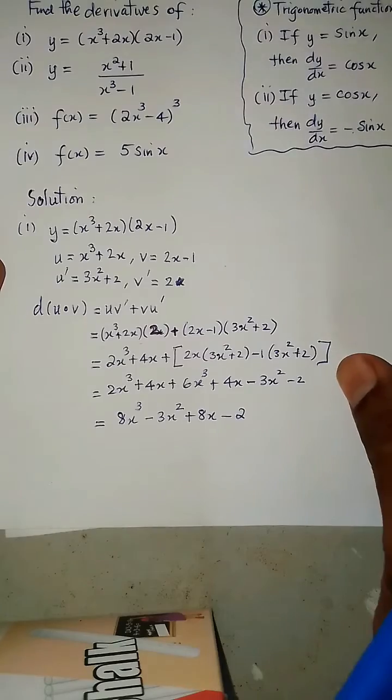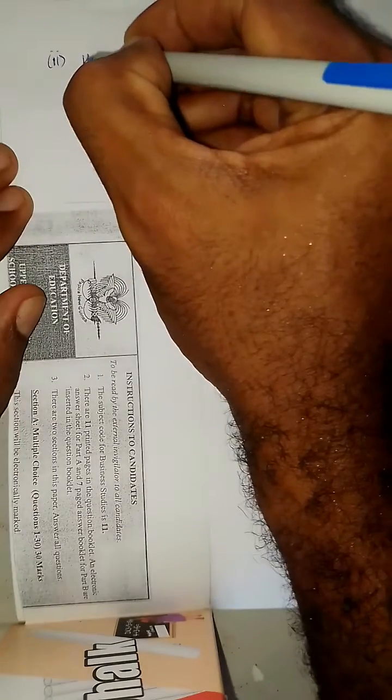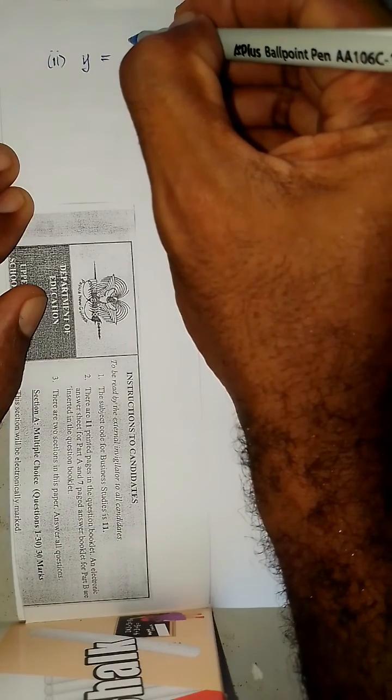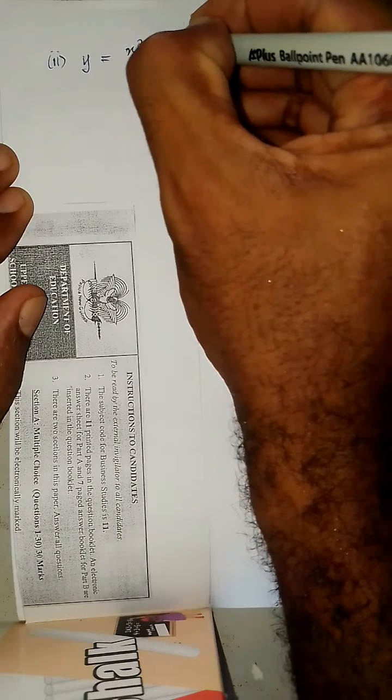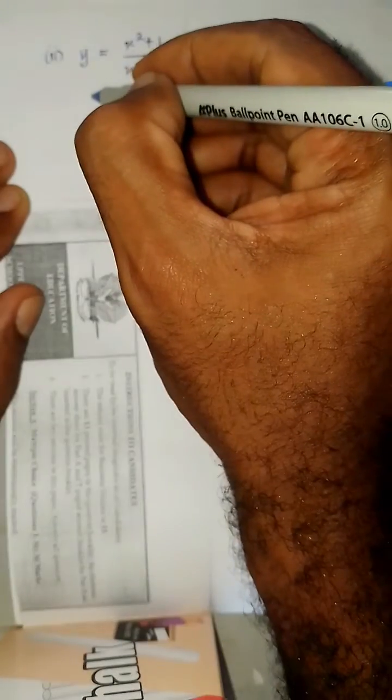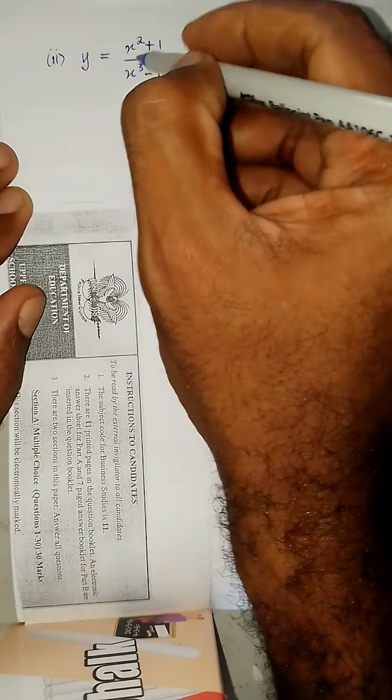Our second function is given by y equals x squared plus 1 all over x cubed minus 1. Right, these two functions are divided, so we'll be using the quotient rule.